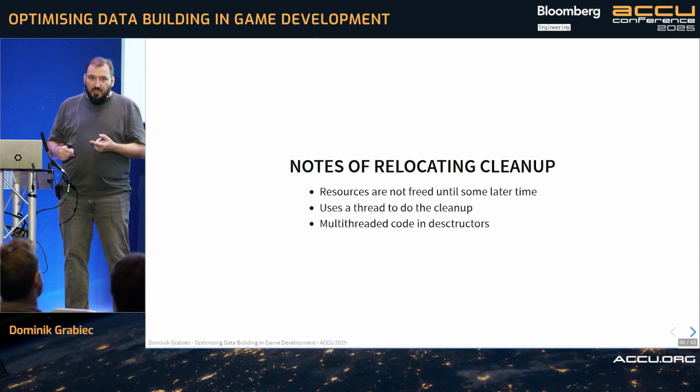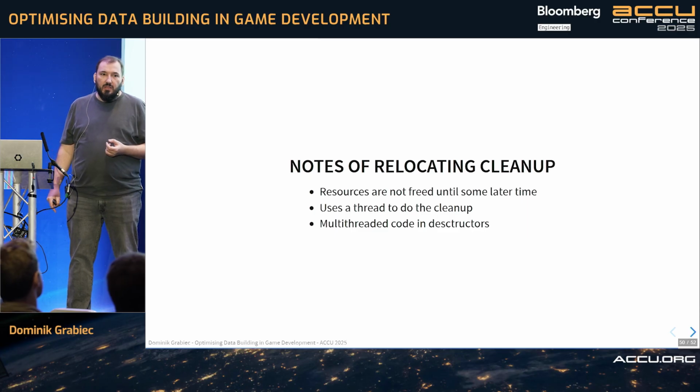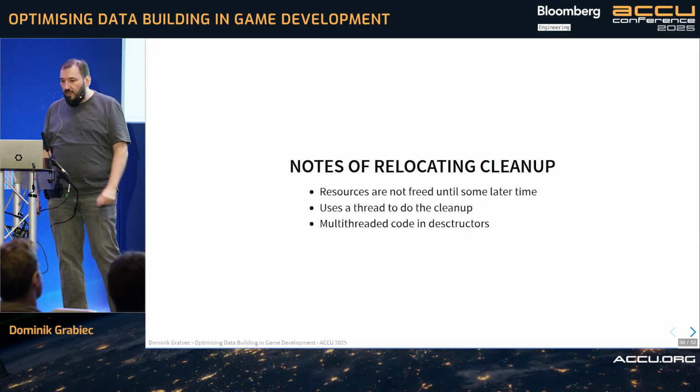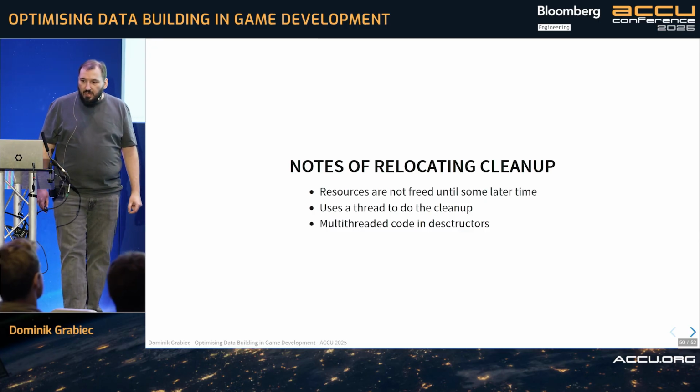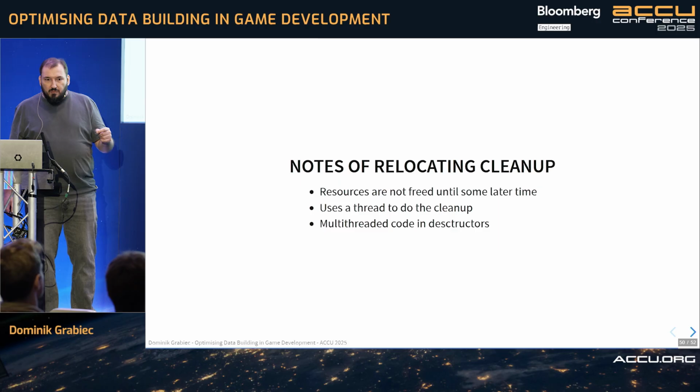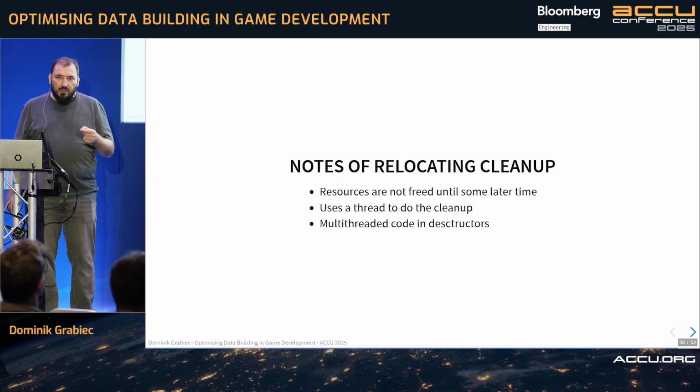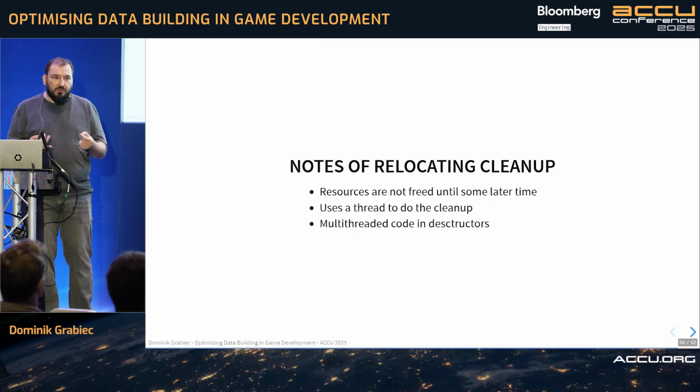It also means that if that used a particularly large amount of memory, you might want to think about that and maybe not do that, or work around it. If you need that memory for something else, you clean it up specifically beforehand. And the other thing is that because the cleanup is happening in parallel to other work, you have to be careful that your destructors don't use or interface with shared systems.